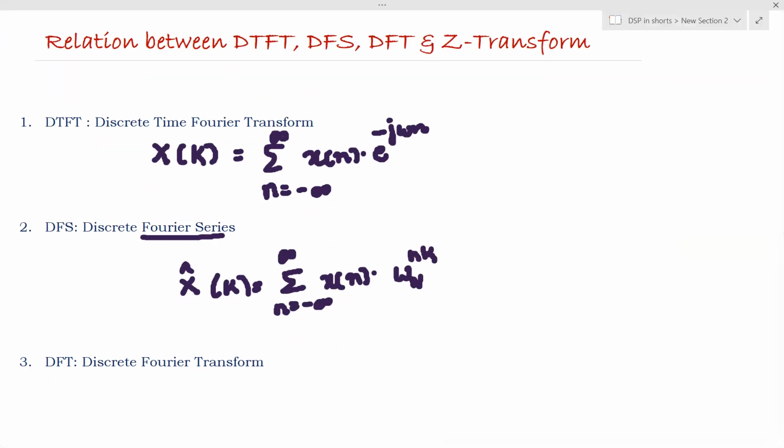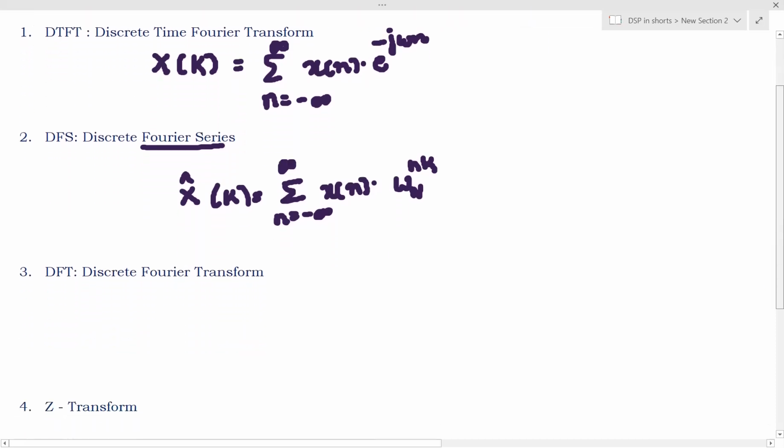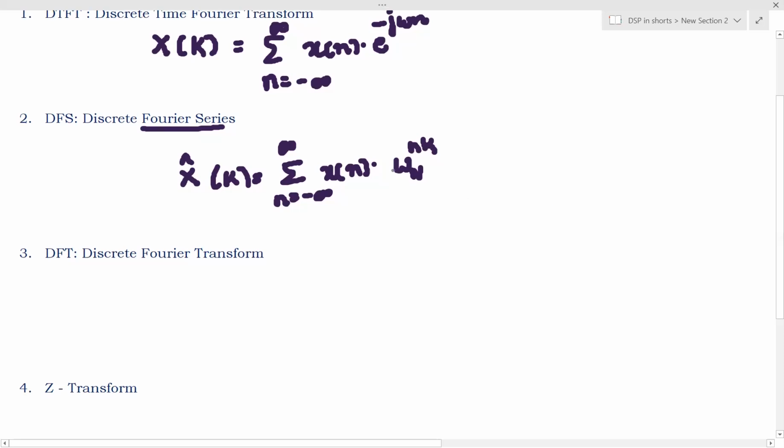Now coming to the next one, that is the discrete Fourier transform. In contrast with the discrete Fourier series and discrete time Fourier transform, it is used for a finite length sequence. It is also used for converting the time domain signal into the frequency domain signal. It is given by X of k, not X cap.